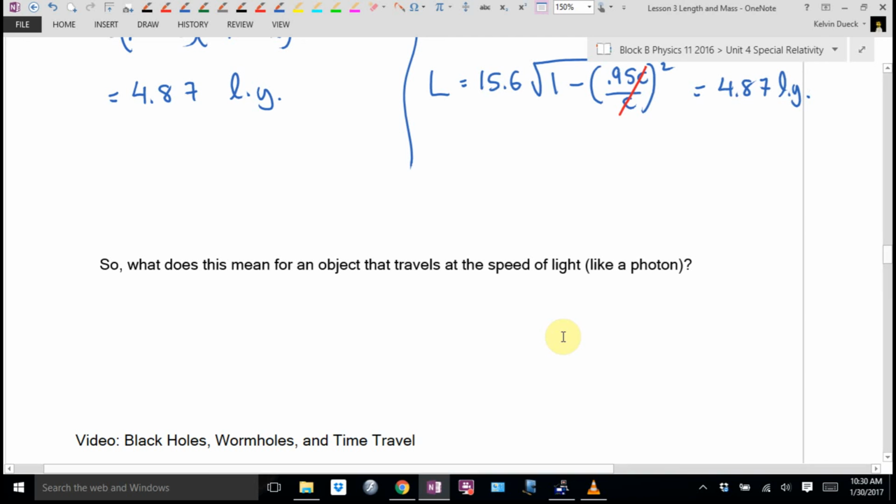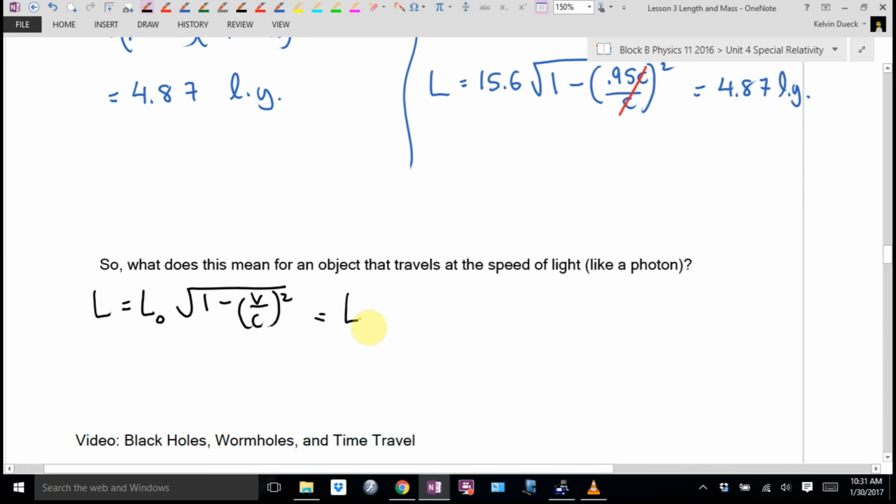Ready to kick up the weirdness? So what does this mean for an object that travels at the speed of light, like a photon? What happens if you take this equation and you travel at light speed? You put a c in for the v.